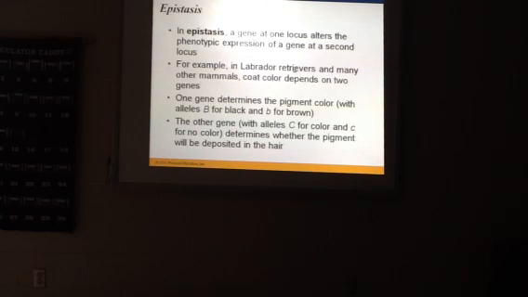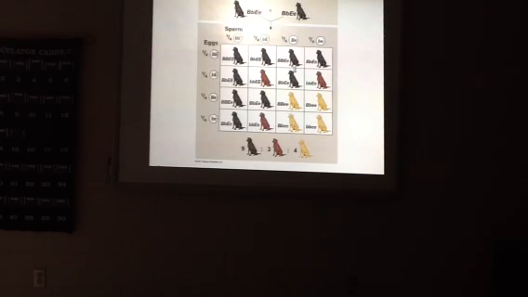So if you have a brown lab or a black lab, this is going to be determined by both of these genes, right? They may have the genotype for the pigment color, but if they don't have the genotype for the pigment to be deposited, then it won't show up, even though they have the genes for it. Here we go.